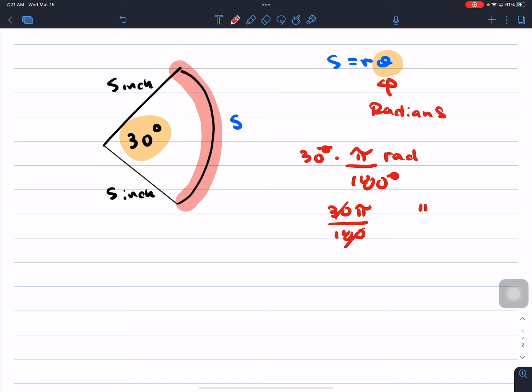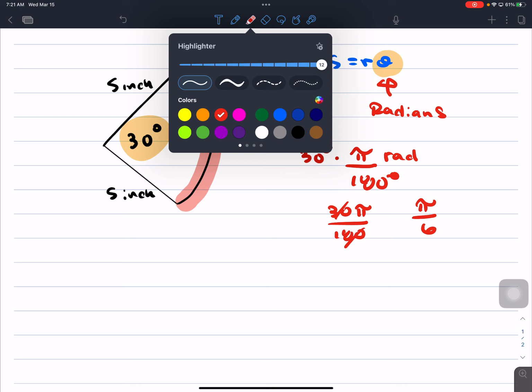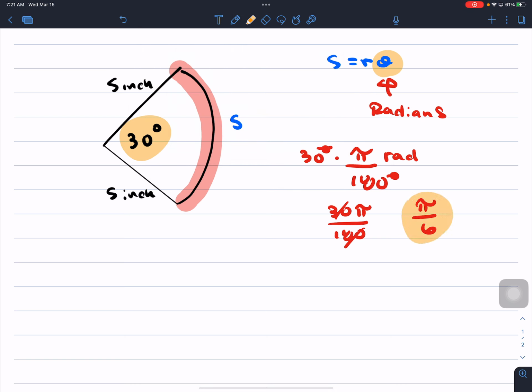Yeah, that's pi over 6, because 30 goes into 30 once, and then 30 goes into 180 how many times? 6 times. So, ladies and gentlemen, what I'm saying to you right in here is that you must always use the radian measure. So that this picture, we can say, I don't use 30, I use what? Pi over 6. You guys okay with that?